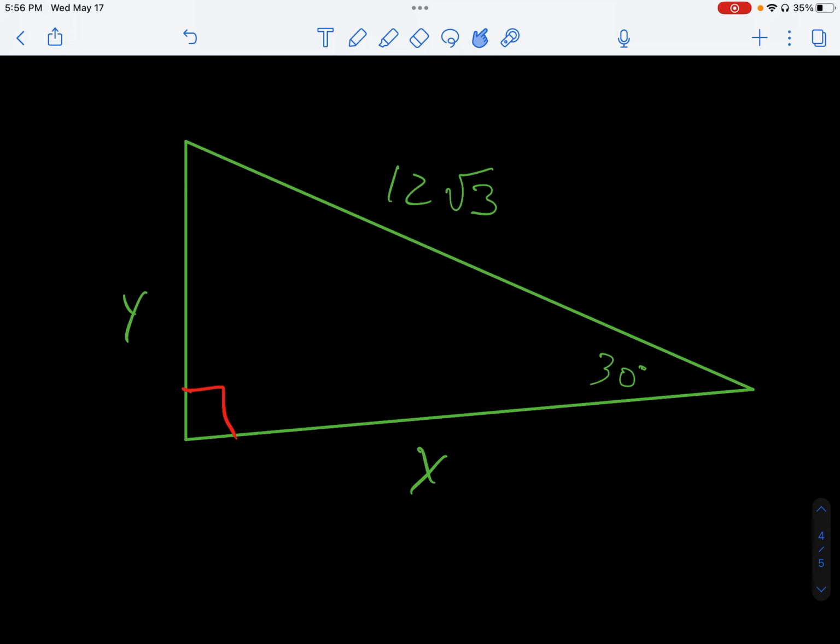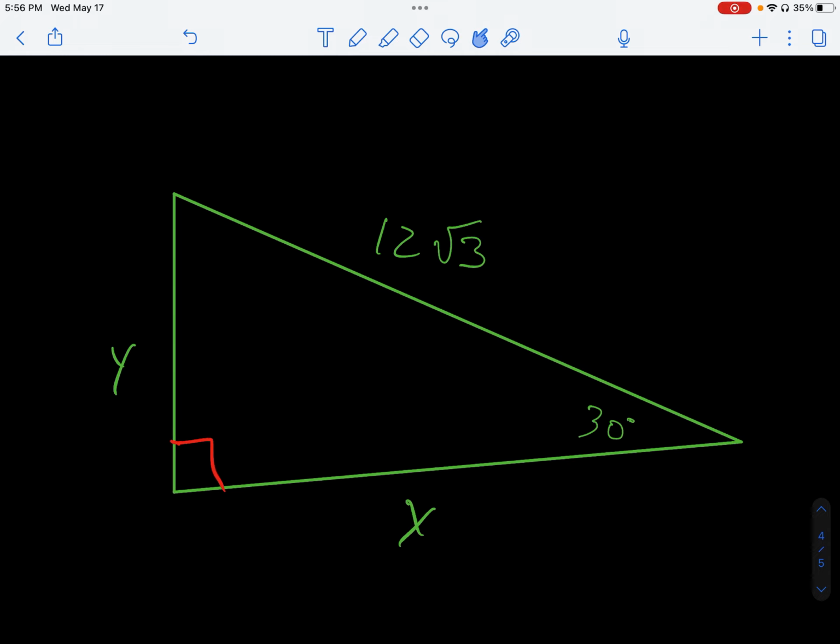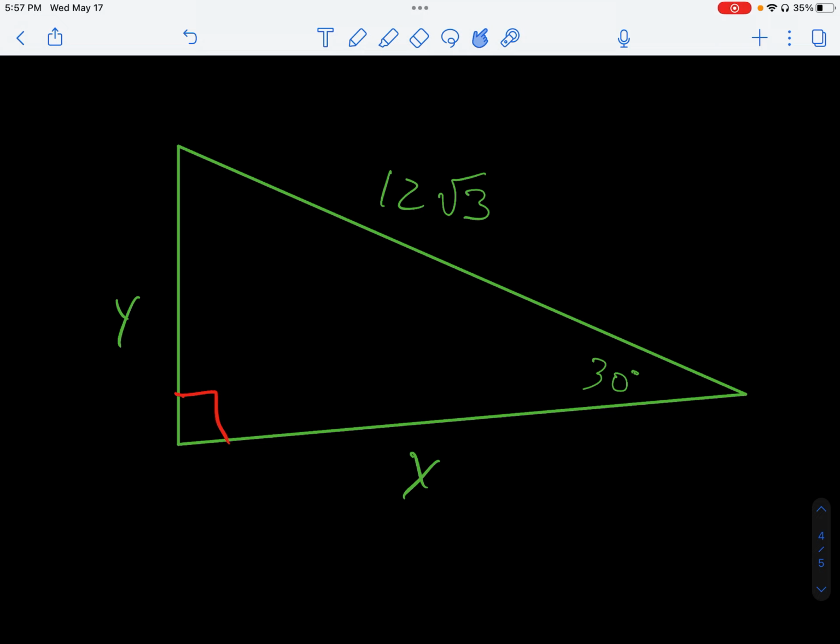One more example where we start with the hypotenuse. So we have the hypotenuse. We want to find x and y. Well, we know that the long leg is the short leg times radical 3. The hypotenuse and the long leg have no relationship whatsoever, but the hypotenuse is twice the short leg.